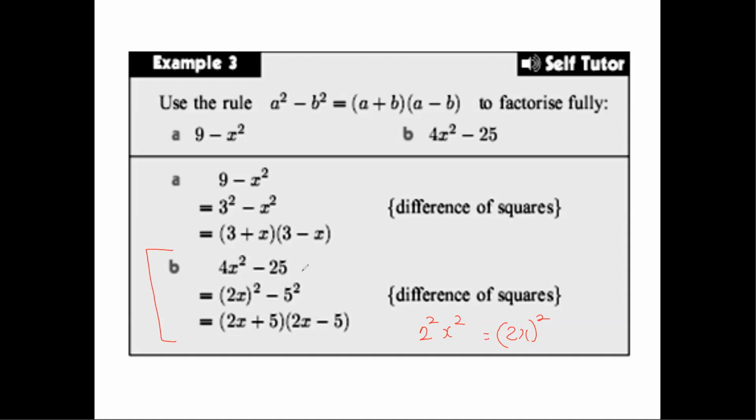You're multiplying 3 by itself. That's what 3 squared means. You got that? 3 squared means 3 multiplied by itself, which is 3 multiplied by 3.